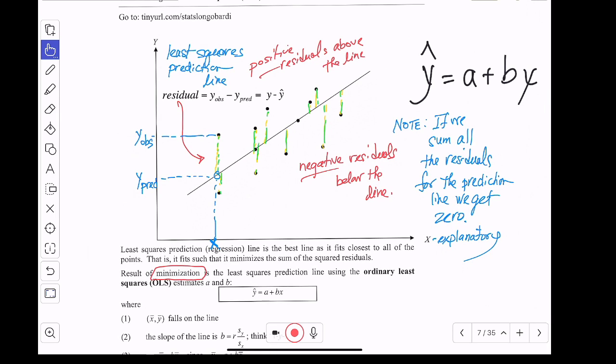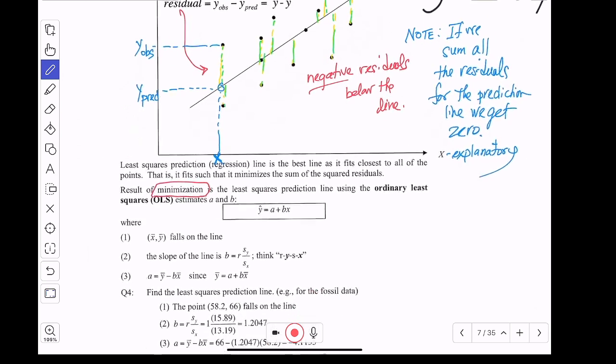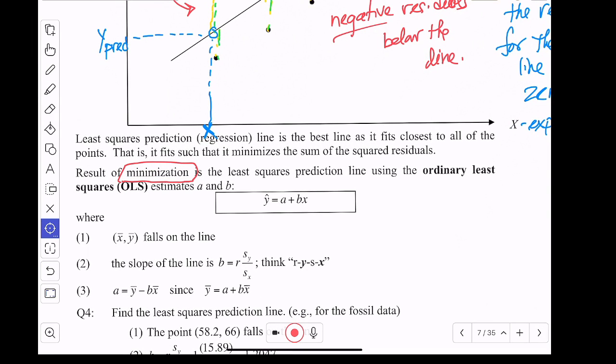The results of calculus are that this line must pass through the point that is closest to all of the points, and that point will be x bar, y bar. Remember, the mean is the center of gravity. The center of gravity is closest to all the other points, balancing in both directions, and now we're going to balance in both the x and y, horizontal and vertical direction. So this must fall on the line. That's the first point.